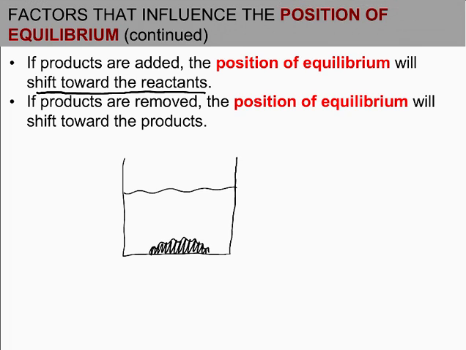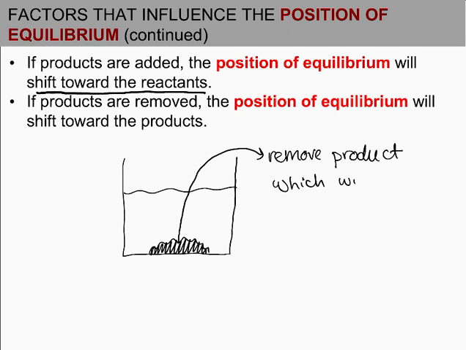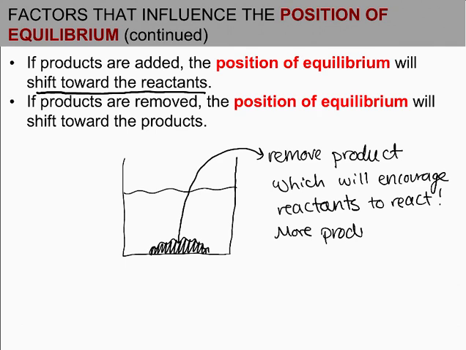But let's say at some point the reaction stops and we no longer produce any precipitate, but we know that there are still some reactants left in solution. What we can do is remove the product, which will encourage reactants to react. So more product will form.